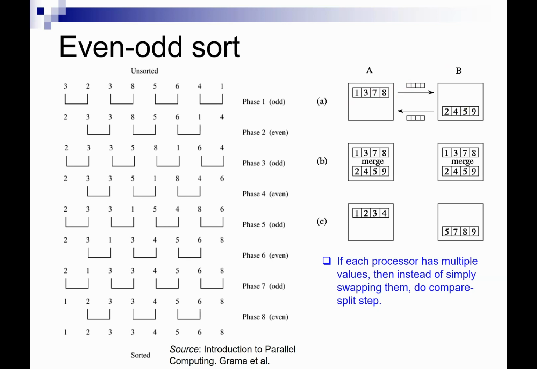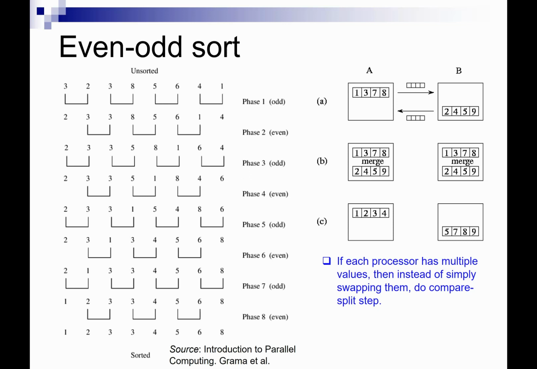A is going to get B's values and B is going to get A's values. Then you combine and merge all of these values, and A is going to take the smaller half of those merged values, and B is going to take the larger half.